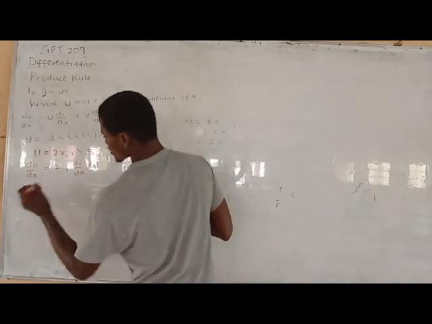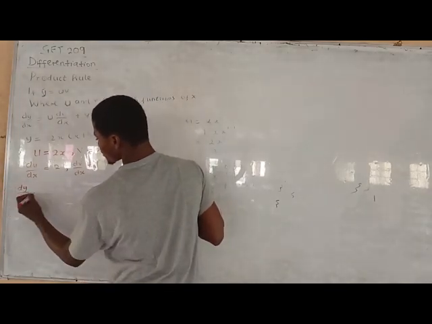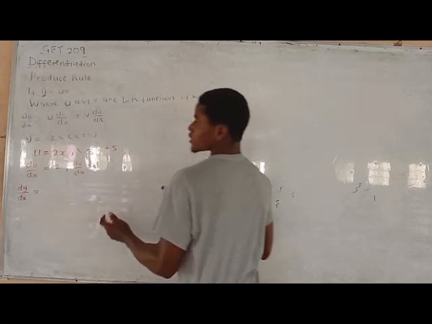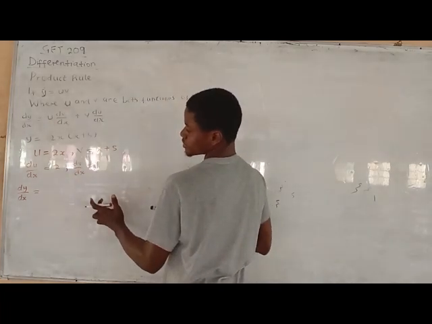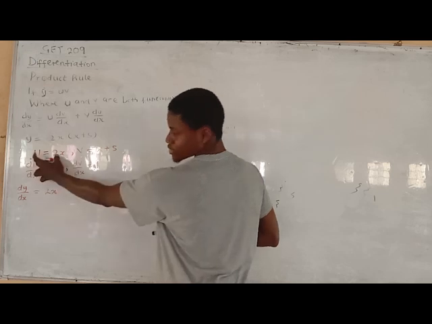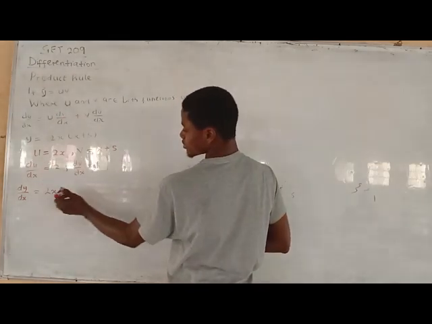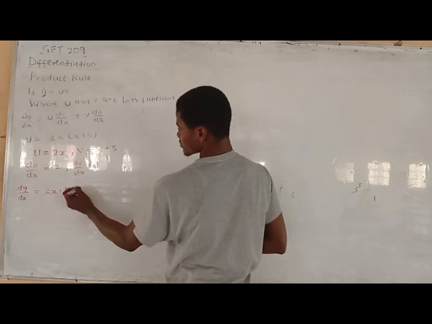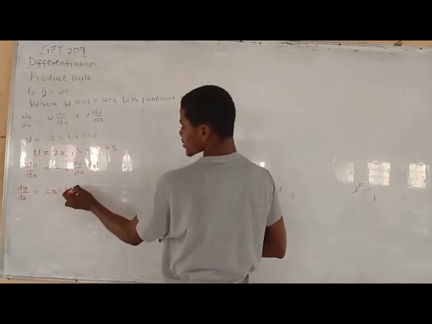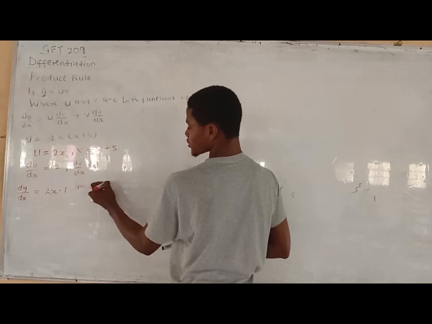So you say that dy over dx equals what? Our u is 2x. Our dv over dx is 1, so times 1. We put our plus. Our v is x plus 5.